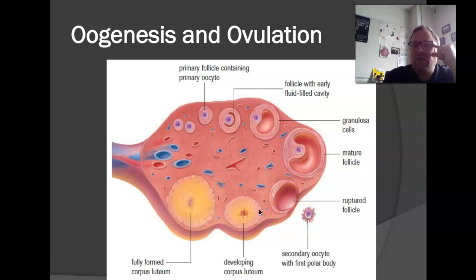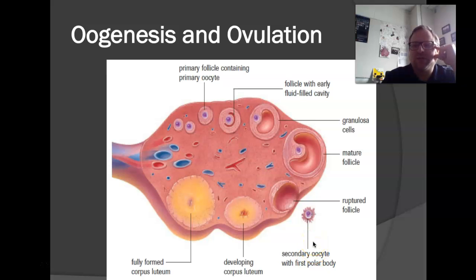What's going to happen after that is we're going to develop something called the corpus luteum, which we'll talk about shortly here, that will start to take over releasing some hormones that will be necessary to sustain pregnancy. If fertilization occurs and that fertilized egg and ultimately embryo implants in the endometrium, then this corpus luteum will stay there for the rest of pregnancy, helping to supply hormones to the female system.